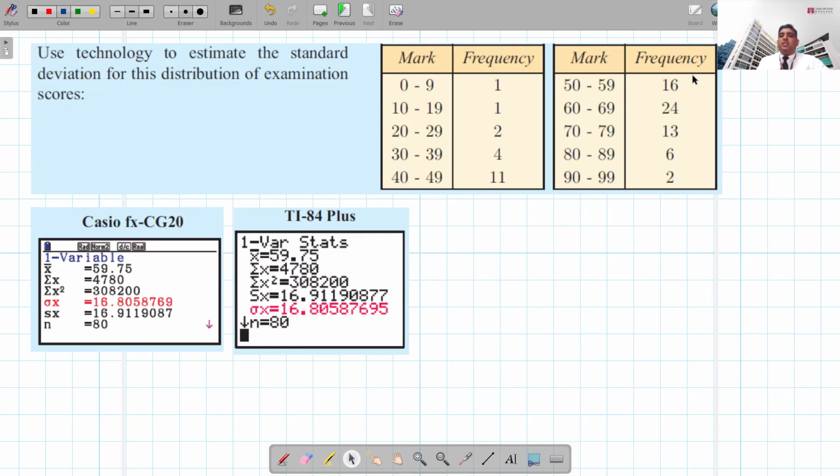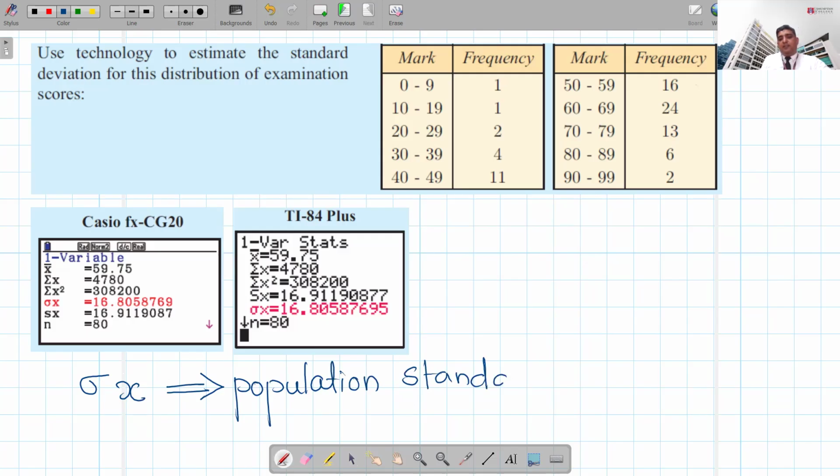the population standard deviation is always given by the calculator as σx. This is the population standard deviation.